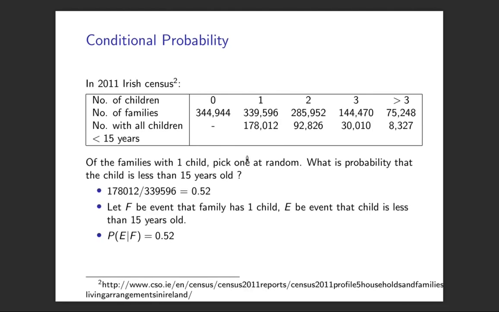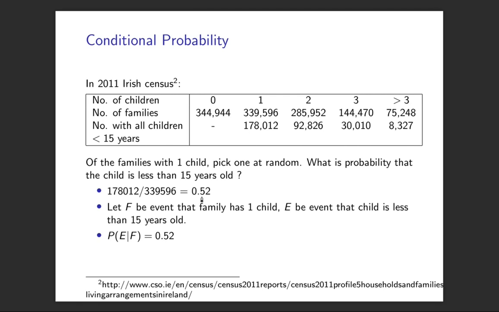What's the sample space? It's all the families, so it's 339,000 elements in it. The event is that we have a family where the child is less than 15 years. There's 178,000 elements in that set. And so the probability is 178,000 over 339,000, which is about half.